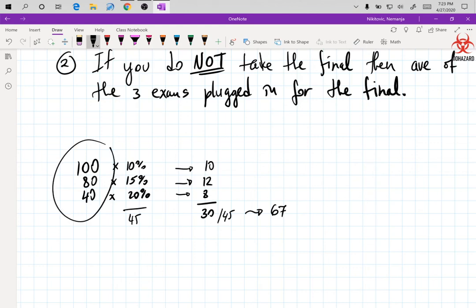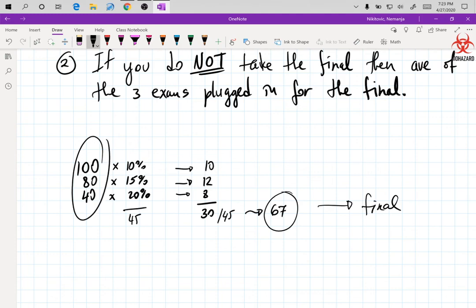So these grades average into a 67 because of the weighted average that progressively gets higher percent. You can rewind the video and go through, with whatever the exact percents are, like 10, 14, and 16. I don't know. But later exams weigh more than the first exam. So this grade would be plugged into the final grade if these are your grades and you did not take the final.